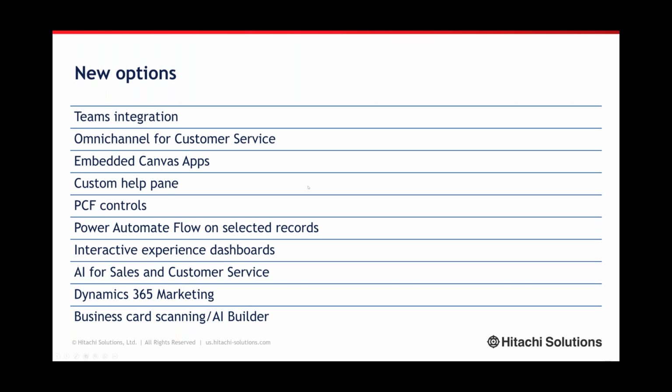Running flows from within Dynamics. We know that Flow and Power Automate flows are the future of business automation from within the Power Platform. We can now leverage those first party within Dynamics, and then all the AI enhancements for both sales and customer service, the email engagement, and just a lot of different things.